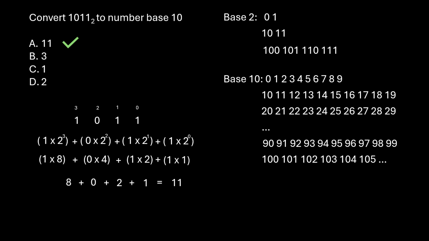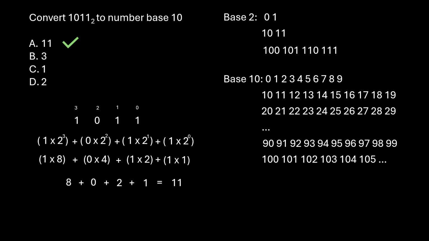So to summarize, to convert a number from any base to base 10, we write out the digits of that base, label each position from right to left with 0, 1, 2, and so on until we exhaust the digits.